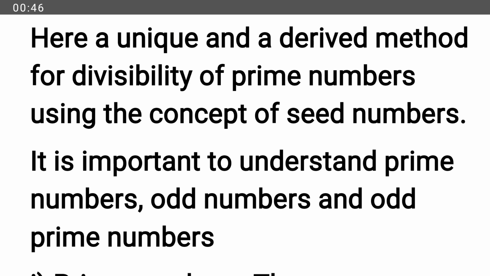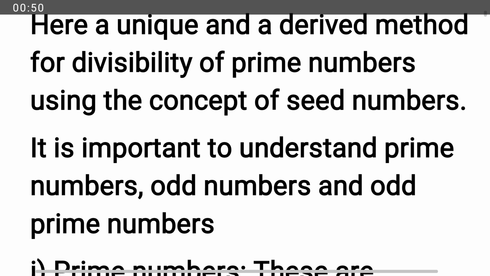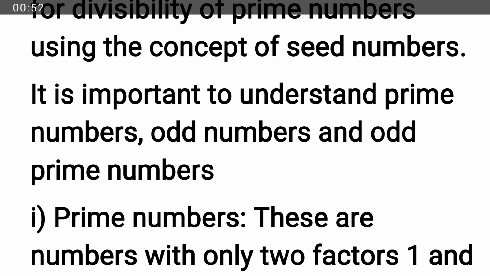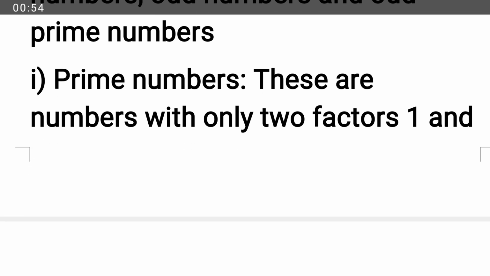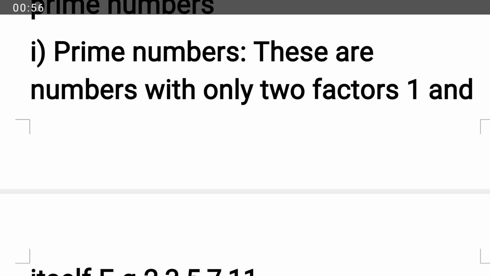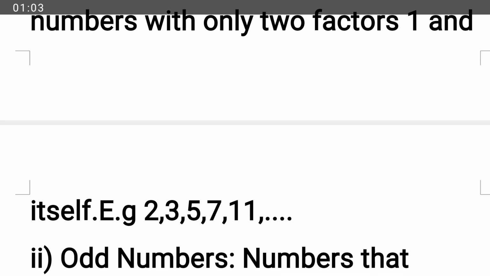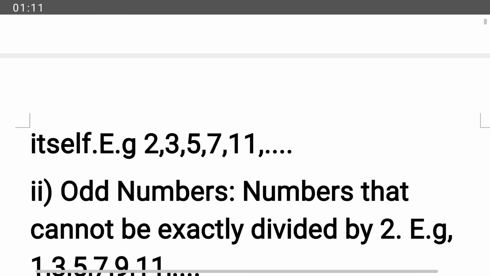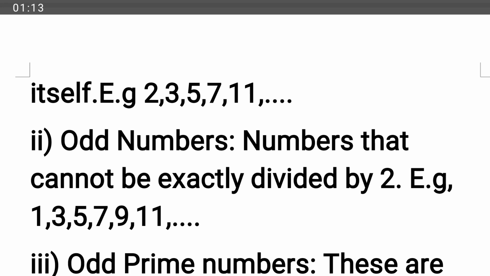It is important to understand prime numbers, odd numbers, and odd prime numbers. Now, what are prime numbers? They are numbers that have only two factors, 1 and itself. Examples: 2, 3, 5, 7, 11, till infinity. Then odd numbers are numbers that cannot be exactly divided by 2.